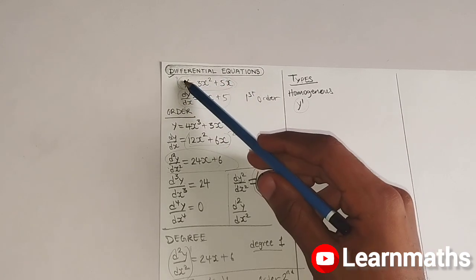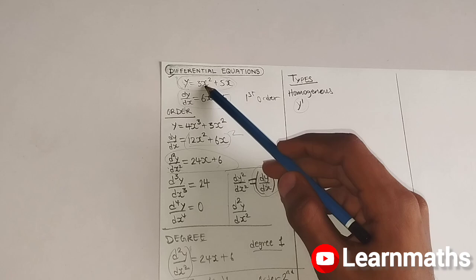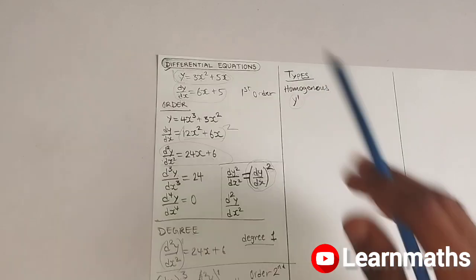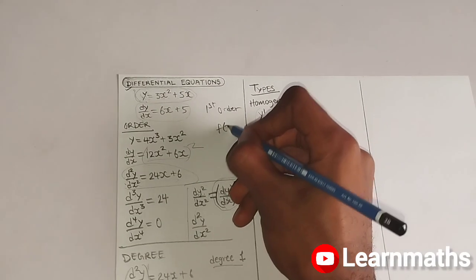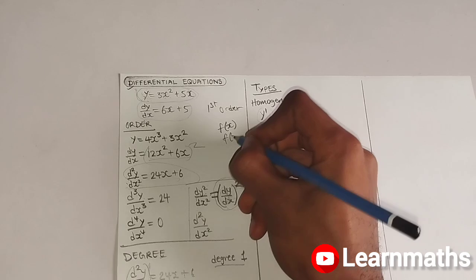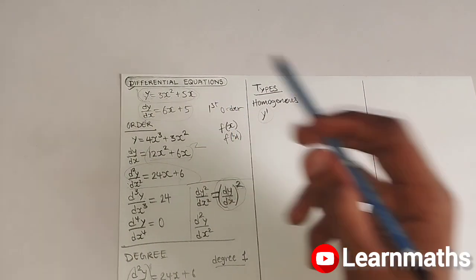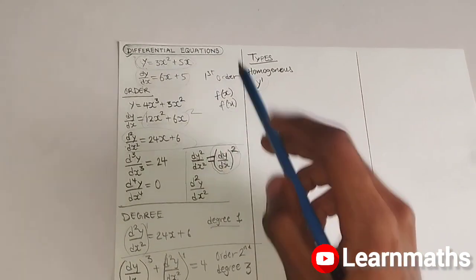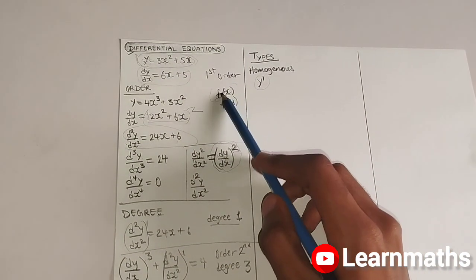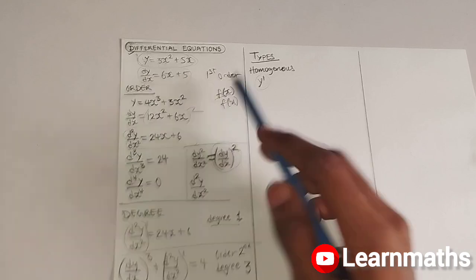If this was, let's say, y equal to 3u squared plus 5u, then y is going to be a function of u, that's f of u. A function of x, a function of u, or a function of whatever variables you have here. Now, this is a function of x, f of x, so this is actually y. What's the differential of this going to then be?